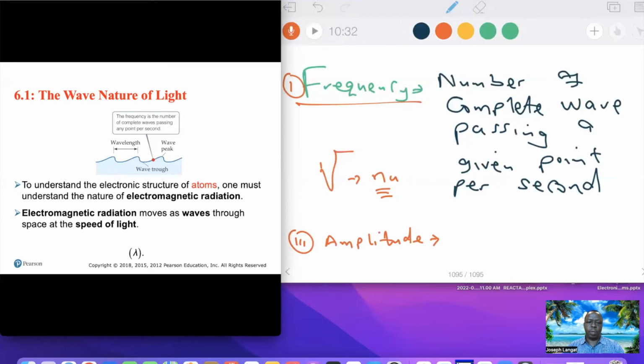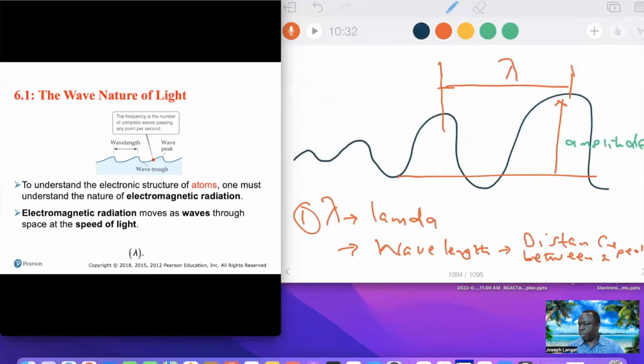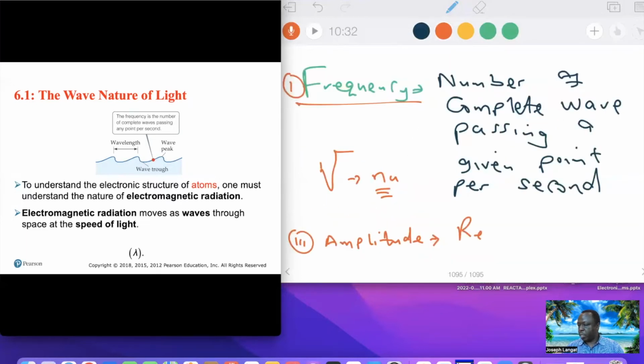It's the distance to the height of the wave. This is the amplitude, and this represents the intensity of light. That's the distance from the middle of the wave to the peak.